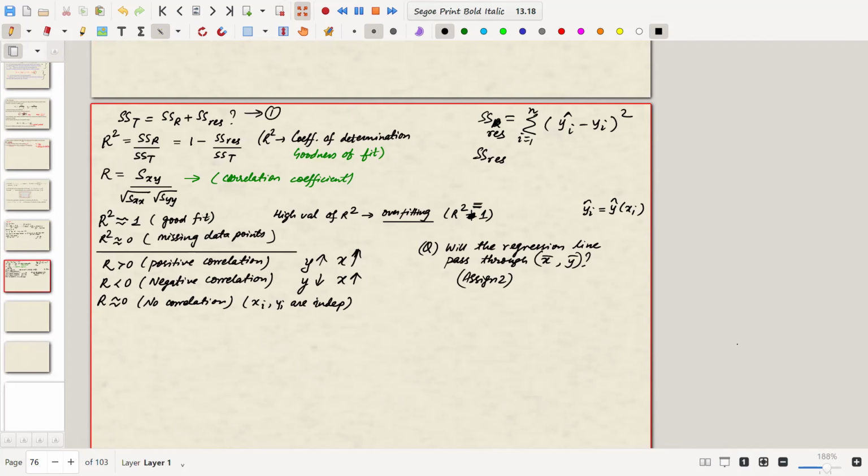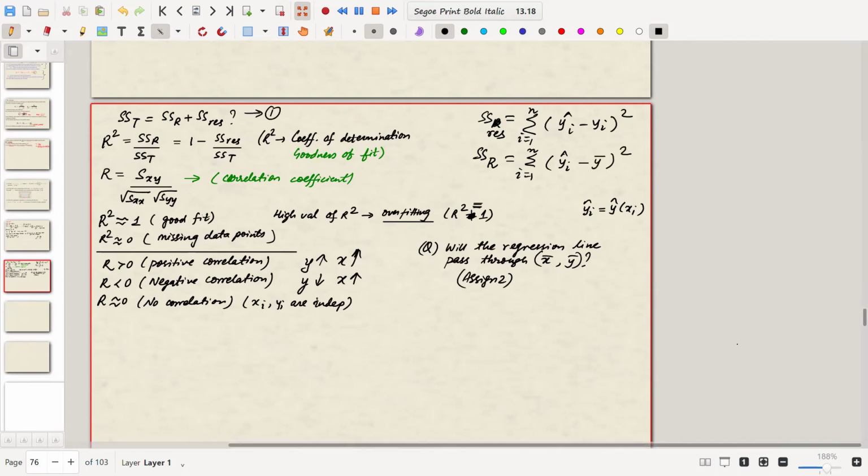The predicted value, the regression line point, and the mean y bar, and then you take the square and sum it. Yes, sum of square of regression. This is the tricky part: SSR for regression is the summation, i equals 1 to n, of (Yi cap, the predicted one, minus the mean y bar) squared.